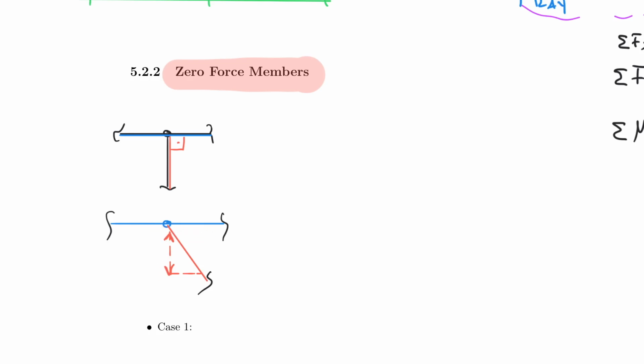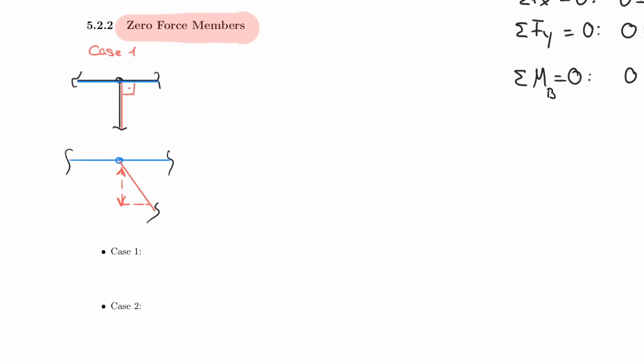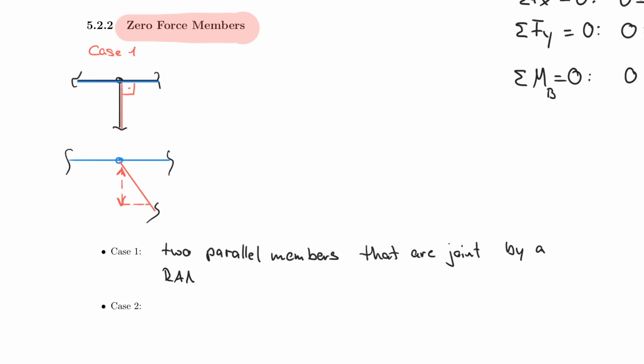So, I'm going to call this case 1 here. The way I would write that down under case 1 is: I have two parallel members that are joined by a random third member.